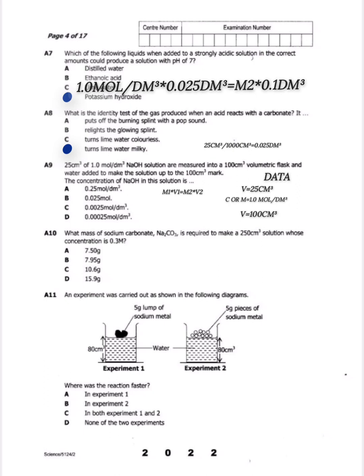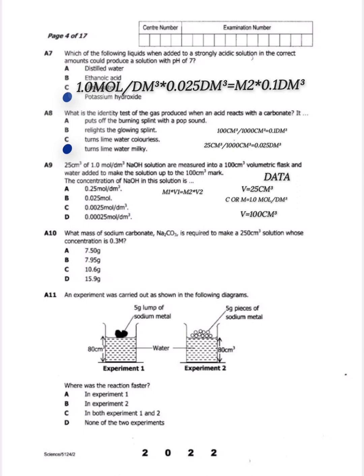molarity number 2, which we don't have, multiplied by volume. Also we need to convert this one, which is 100 centimeters cube. So 100 centimeters cube divided by 1000 centimeters cube, we are going to get 0.1 decimeter cube. Then from there we are looking for molarity number 2, so we are going to divide by 0.1. So here I'm going to say 1 multiplied by 0.025 decimeter cube.